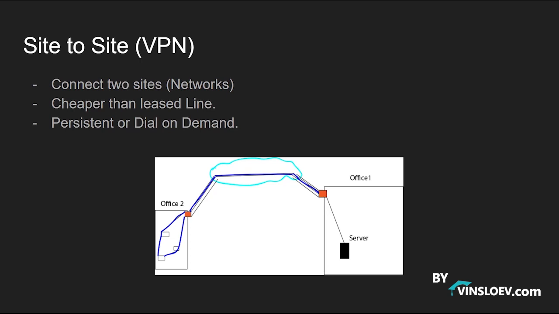And then when you have such a site to site VPN, it can either be persistent, meaning that it is available at all times, whether or not you're using it, or it can be dial on demand, meaning that it will only be activated once you need the VPN.